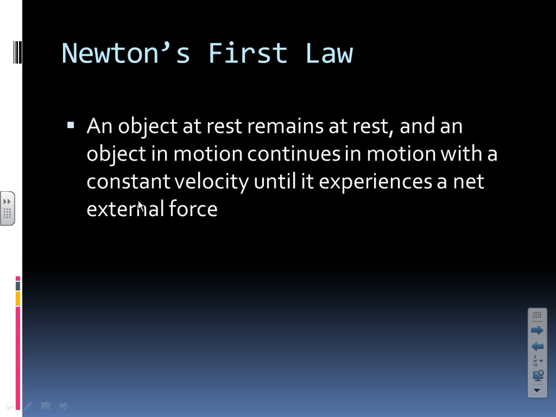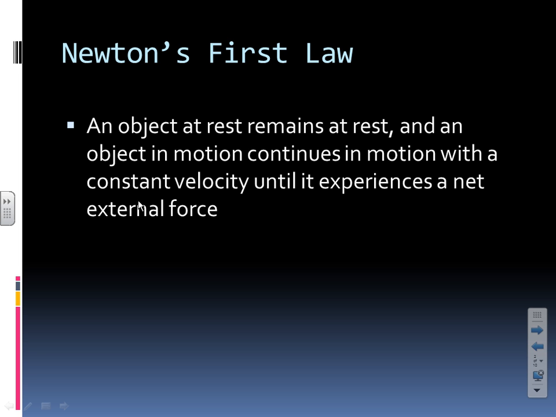In order for something to have a constant velocity, what has to be true? Two things. Same speed and same direction. Think about our definition of velocity: same distance and same displacement. So something that's moving wants to continue moving in a straight line at the same speed.